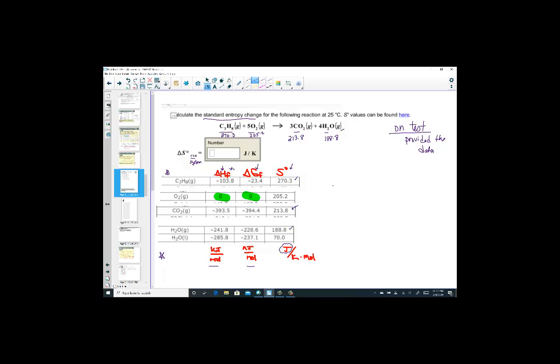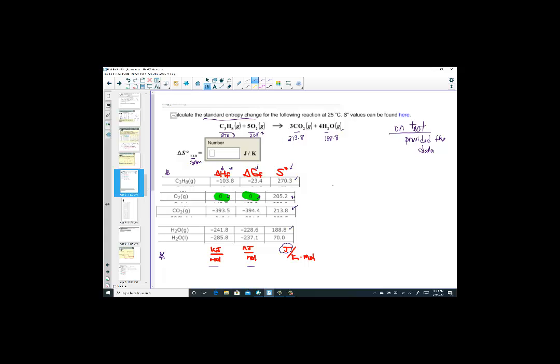They are the building blocks we have in nature. So 0 was the assignment for any element in its natural state. And you'll also see the same holds true for the Gibbs free energy. Any element in its natural state is assigned 0. But entropy will always be a positive number.